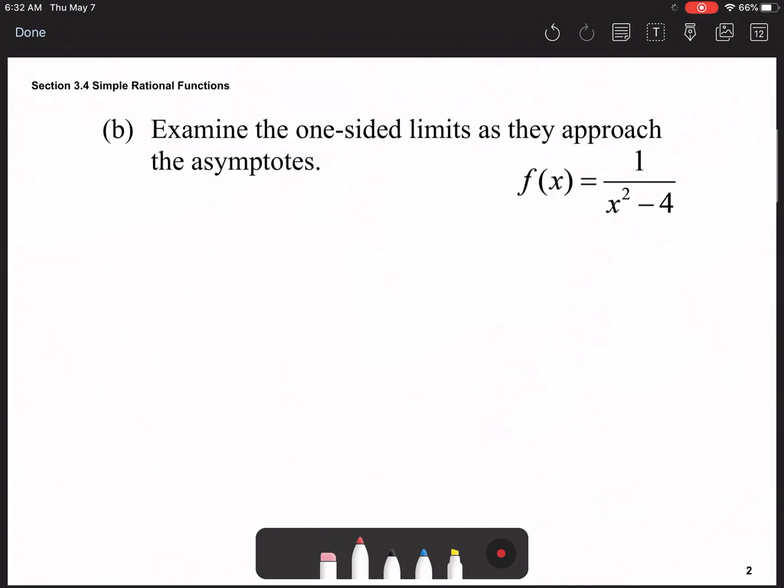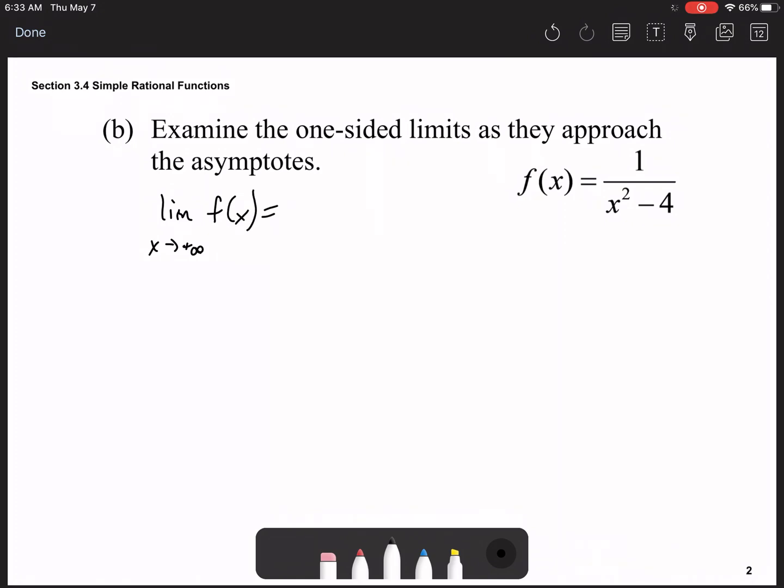So what we're going to do now is look at the limits as they approach these vertical and horizontal asymptotes. First of all, we'll look at the limit as x approaches positive infinity for that function.